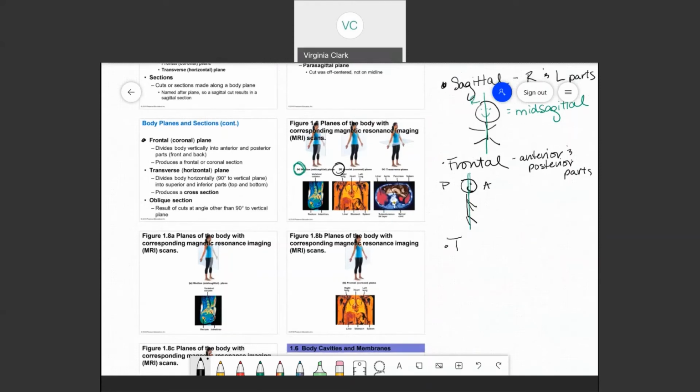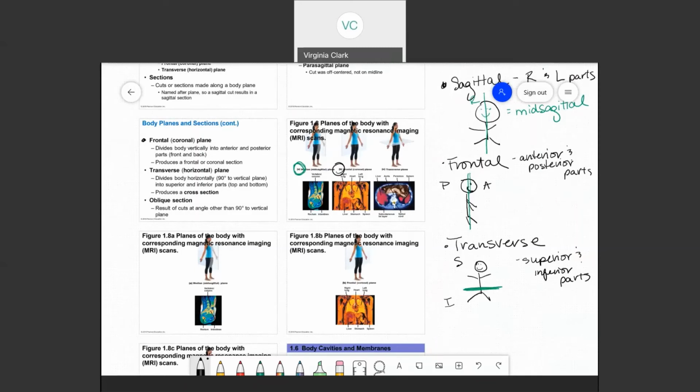And with this one, here's my little guy. He's facing forward again. And with this one, you are going to slice across the body. So like a belt. So a transverse section is going to be kind of like a belt. And what you're doing with this one is you are going to have a superior and inferior part. So essentially you're going to have a superior, a top, and a bottom when you cut this in half.